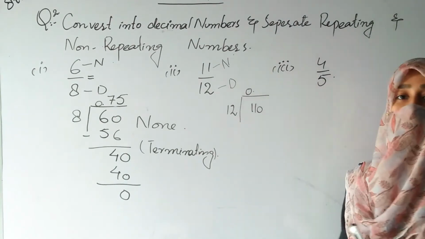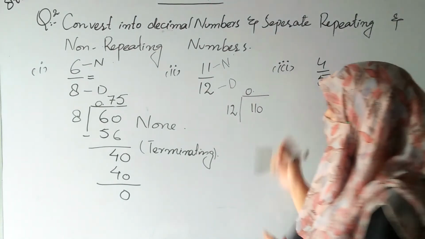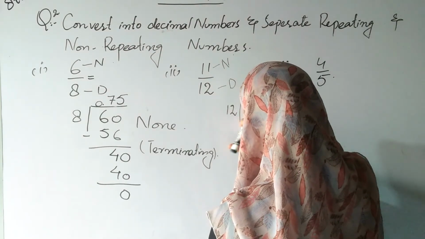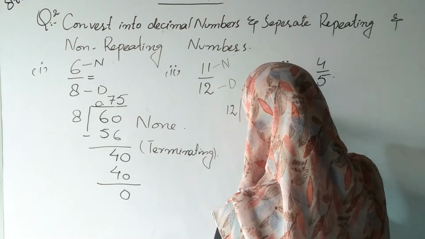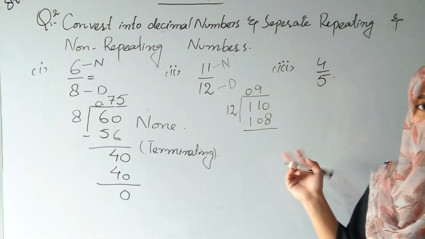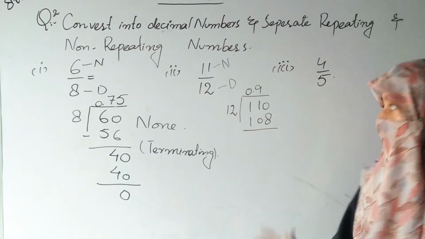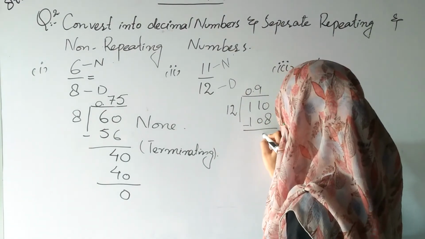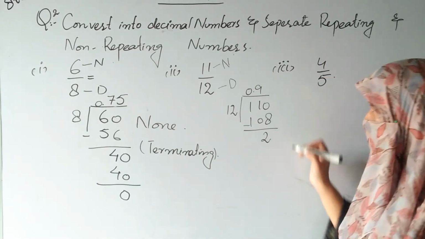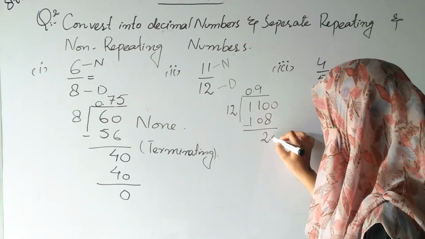Now 12 into 110. So 12 9 times is 108. So subtract 108 from 110. So the answer is 2. So add again 0 here.